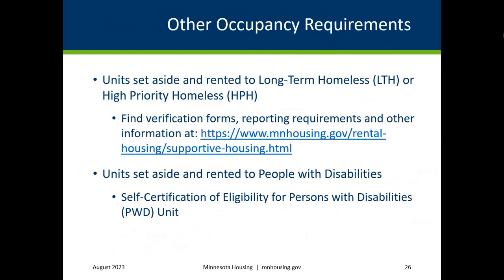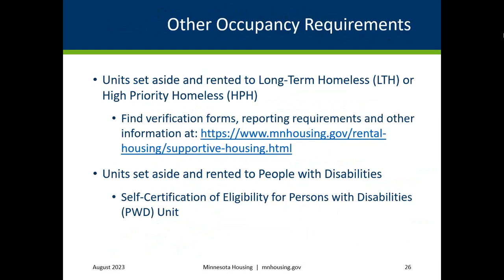If the loan that financed your property requires a certain number of supportive housing units to be set aside and rented to households who meet the definition of long-term homeless or high-priority homeless, visit https://www.mnhousing.gov/rental-housing-supportive-housing.html for links to verification forms, reporting requirements, and other valuable supportive housing information.